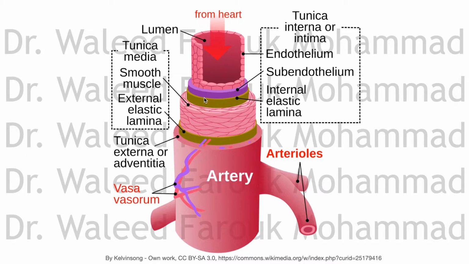Then another layer of lamina, elastic lamina, upon which rests the endothelial cells lining the cavity of the artery. This is the basement membrane of the endothelial cells that line the artery.